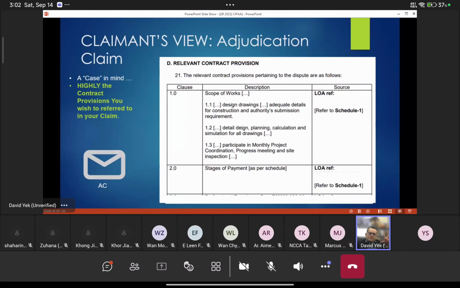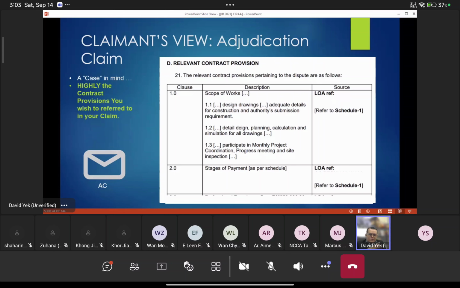Then you have the relevant contract provisions. You have to tell the adjudicator, this is the claim based on these relevant clauses. This is interesting. This is another case. You see, the adjudication can be derailed if the adjudicator does not look at the provisions in the contract as indicated by the party.